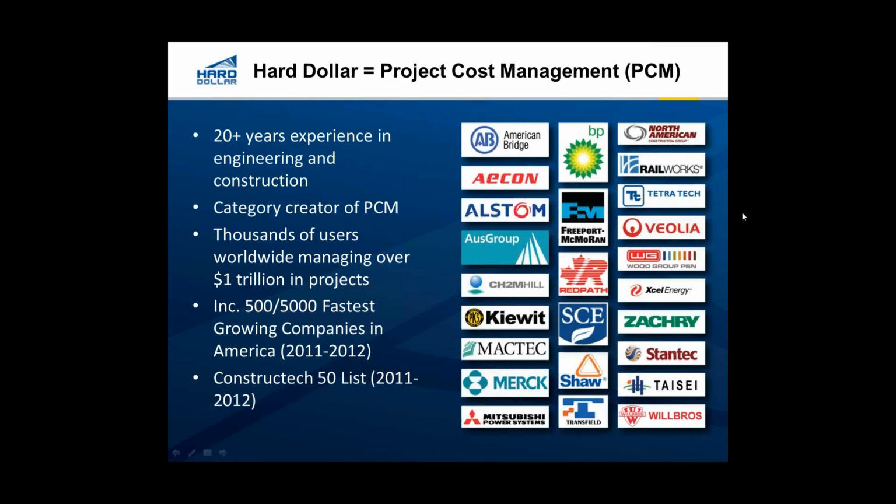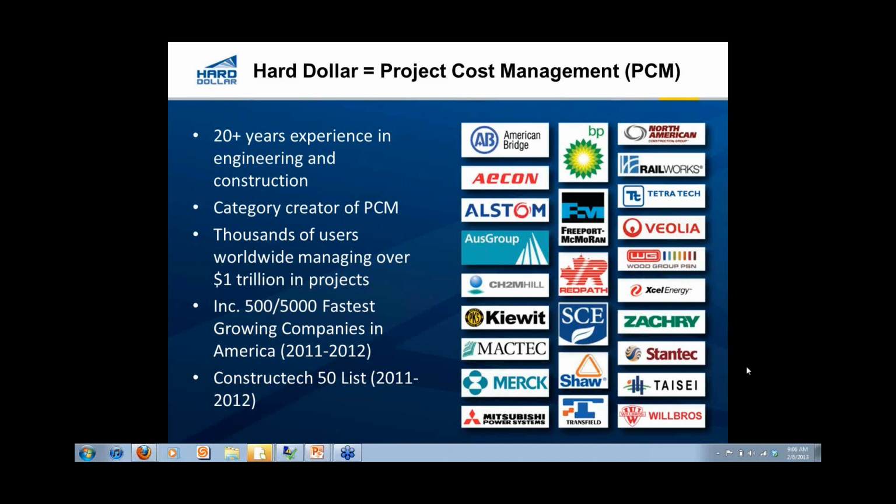First and foremost, I just want to give you a recap of what Hard Dollar does. We won't spend a lot of time on it, but Hard Dollar is a 20-year-plus company that has a lot of experience in engineering and construction. We created a category of project cost management about 7 years ago. We have over 22,000 users worldwide that manage thousands of projects. We have consecutively made the Inc. 500 list for the last several years, and hopefully we'll make it again this year, in 2013.